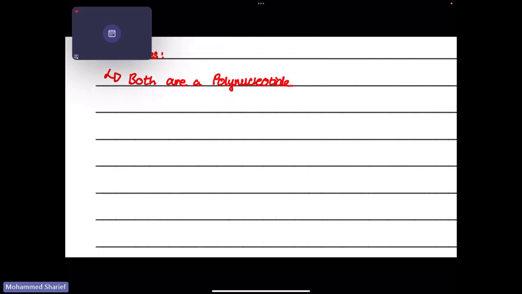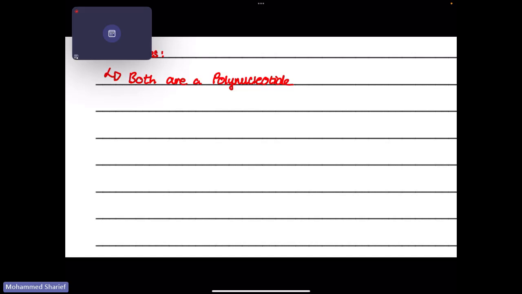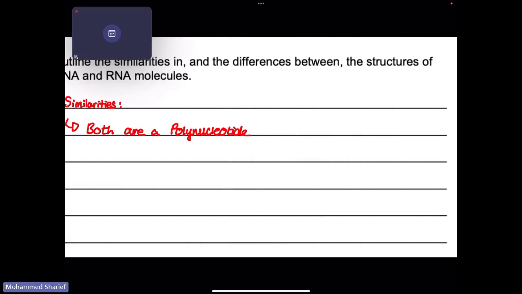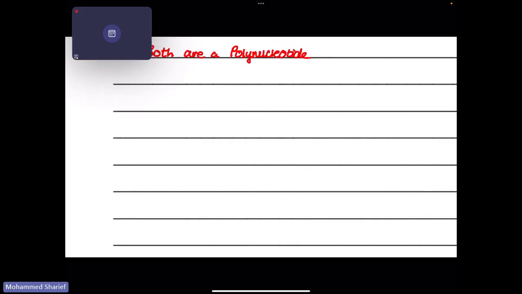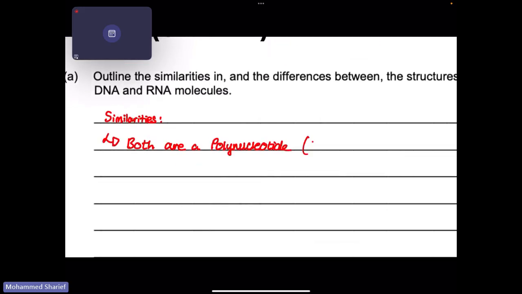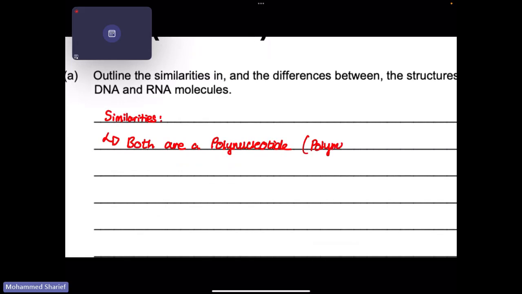I've just learned this word because in mock exams I've seen it being used so often. So just learn this word, polynucleotide. Or if you wanted to, you could write polymer of nucleotides. I'm going to write that in brackets. Polymer of nucleotides. I've seen this being used as well. But I stick to one word, polynucleotide. Okay.